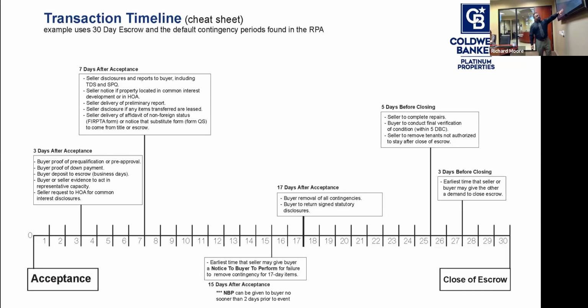So if they don't send this out, you can remove contingencies on the 17th day or not. If you don't remove contingencies, nothing happens. The transaction lives on. You might get an email on the 18th day from the listing agent saying, hey, you didn't remove contingencies, can you send that over?